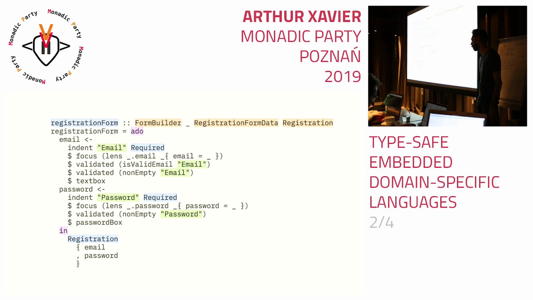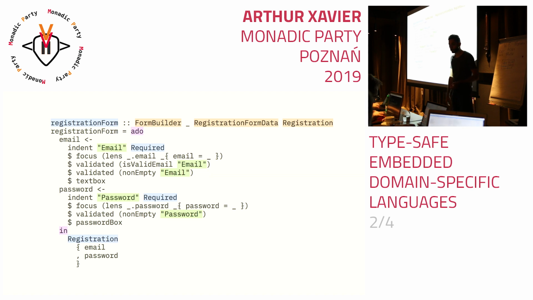So one possibility to do that is to add an abstraction mechanism to the DSL. And by abstraction, I mean referencing things like functions do. Functions are abstractions in the lambda calculus and all of that. So we need to have access to an environment from which we can extract some values and write a valid form builder to use as a field here.